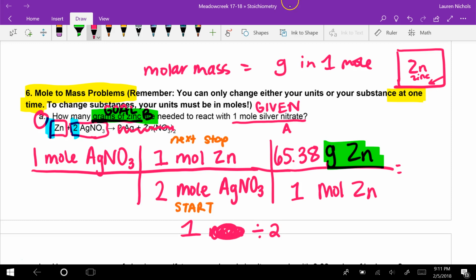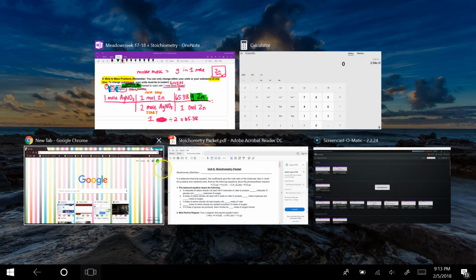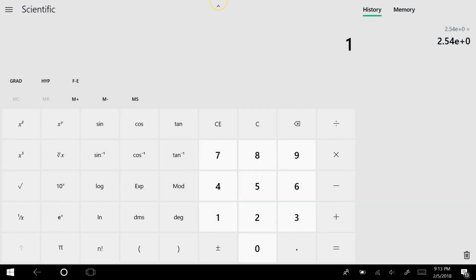So 1 divided by 2 times 65.38 will give you, well, let's just put that in our calculator. So we start with 1, we're dividing it by 2, and we're multiplying it by 65.38, and we do that, we get 32.69.